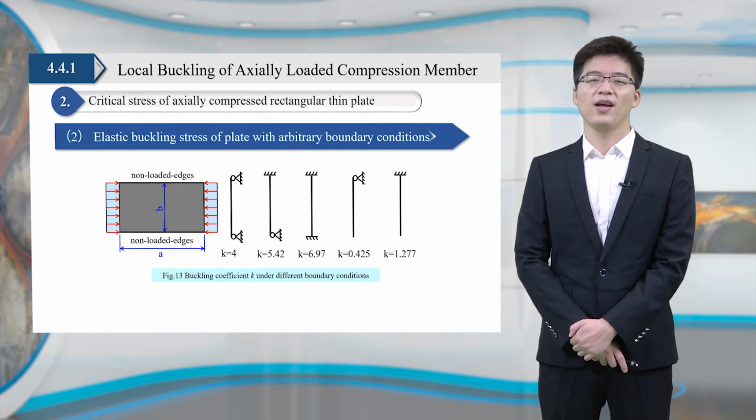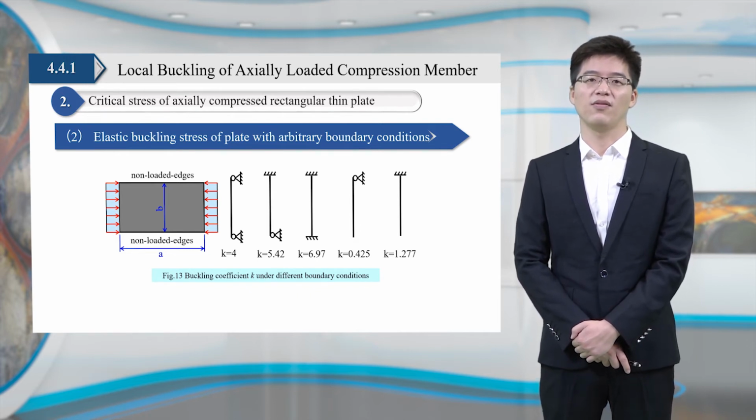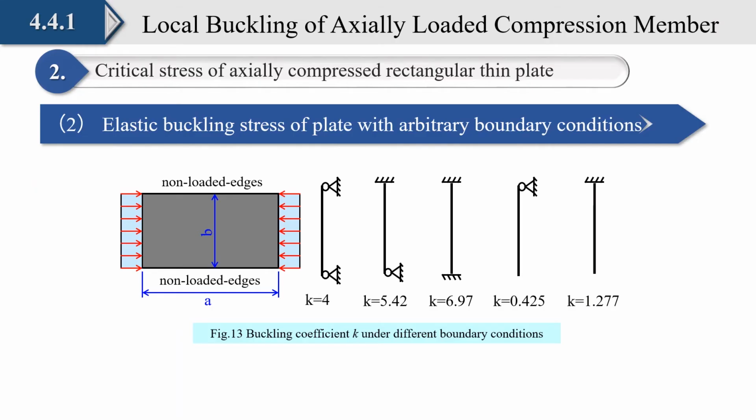For example, as shown in Figure 13, for plates with four simply supported sides, the value of buckling coefficient k is equal to 4. For three sides simply supported and one side fixed, k is equal to 5.42. For plates simply supported on two opposite sides and fixed on the other two, the buckling coefficient k is equal to 6.97.